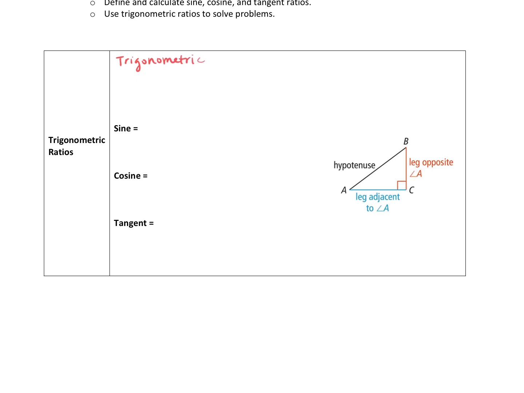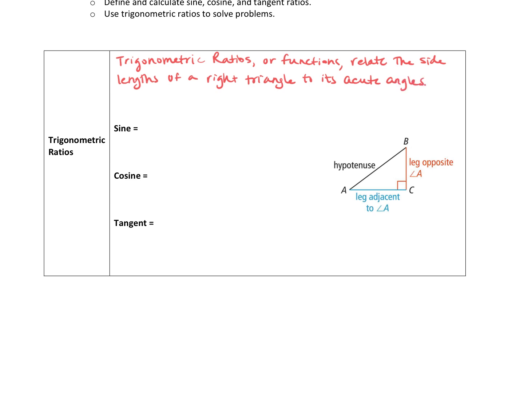Trigonometric ratios or functions relate the side lengths of a right triangle to its acute angles.